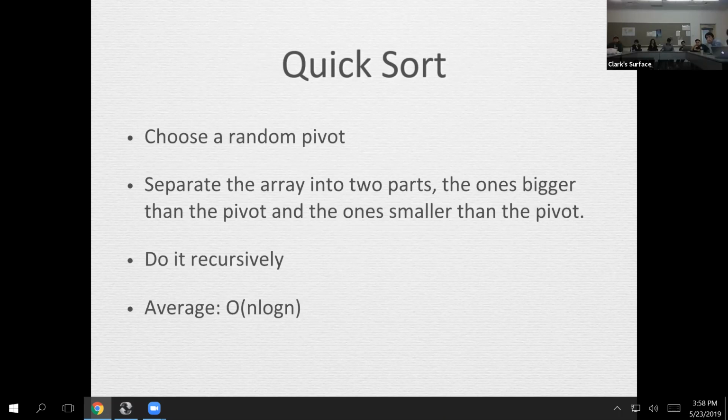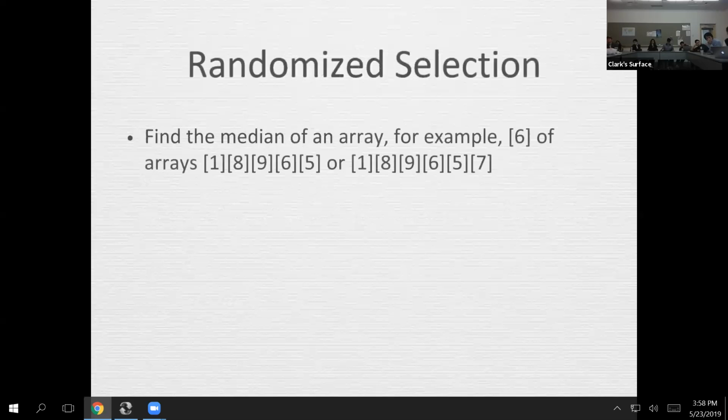So quick sort. We've just discussed that you choose a random pivot and separate the array into two sub-arrays, one of them with numbers that are smaller than the pivot and the other one bigger. And it has average big O n log n. Randomized selection.